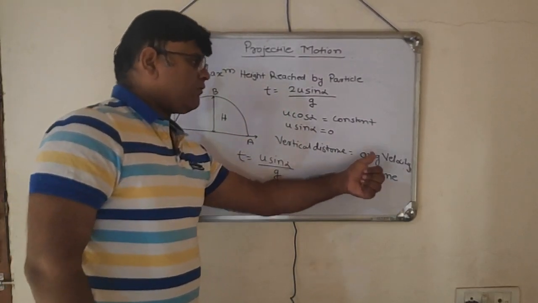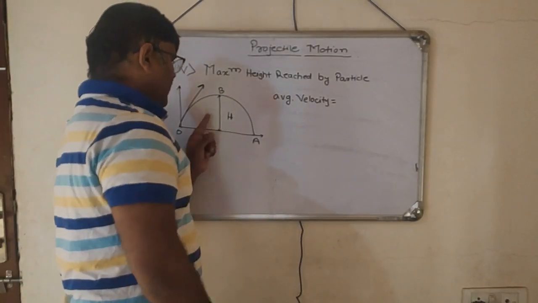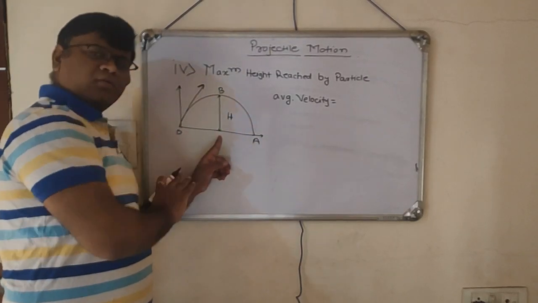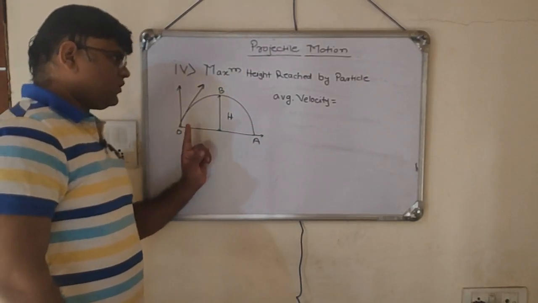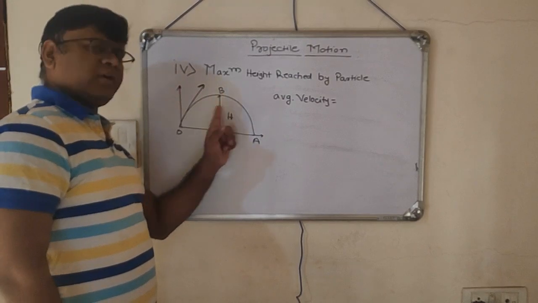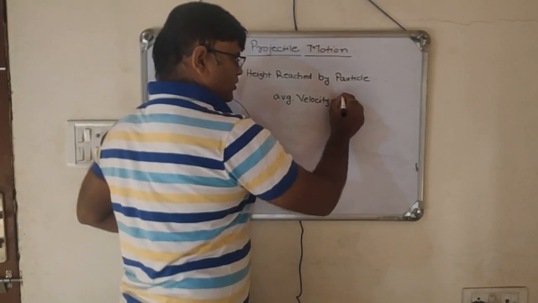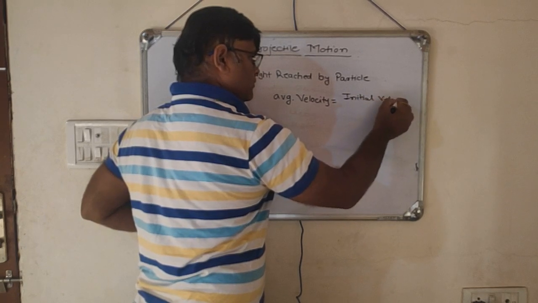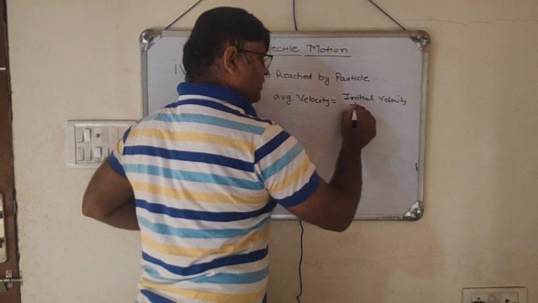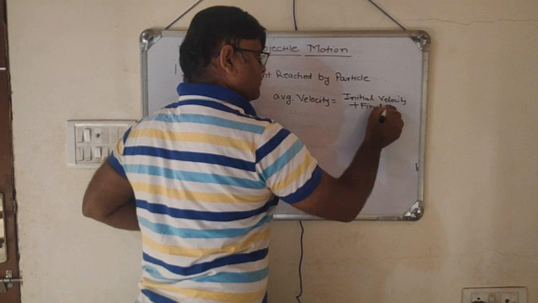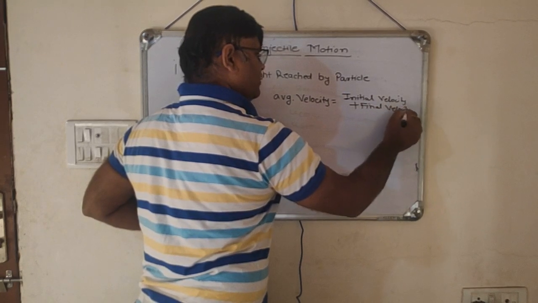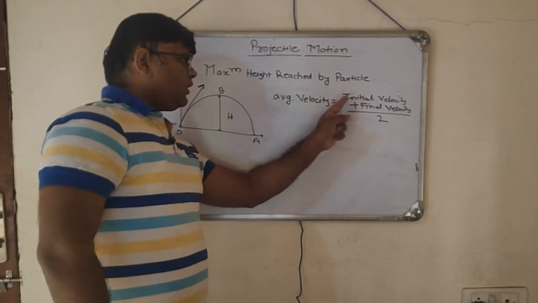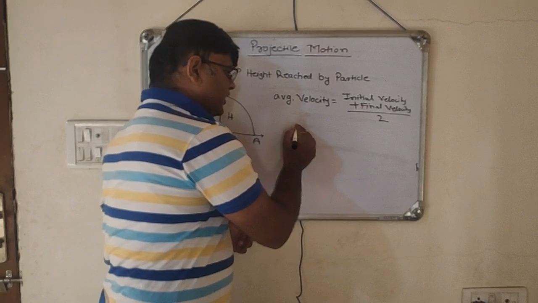The second thing is average velocity. As we are considering the vertical component of the velocity, I can say average velocity is the initial velocity plus final velocity divided by 2. Final velocity means the velocity at point B. Now, initial velocity, I can write u sin alpha.